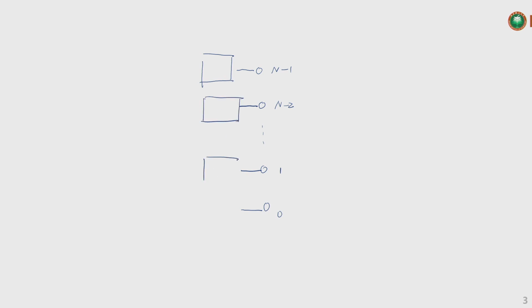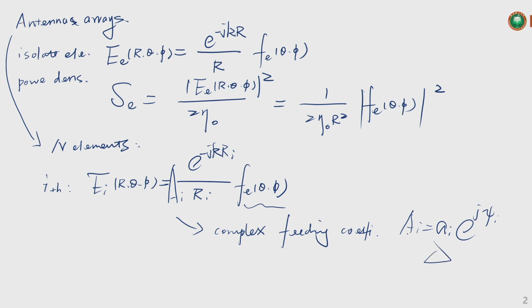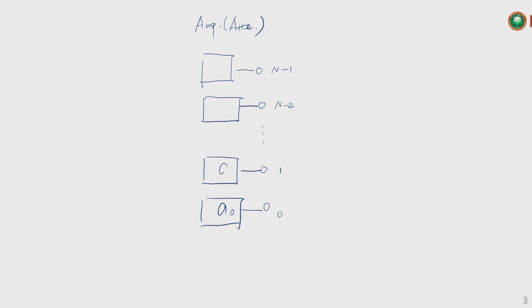We use squares to represent that amplifier or attenuator. So this is represented through the amplitude here: a_0, a_1, a_(N-2), and a_(N-1). And also before that is the phase part, right?